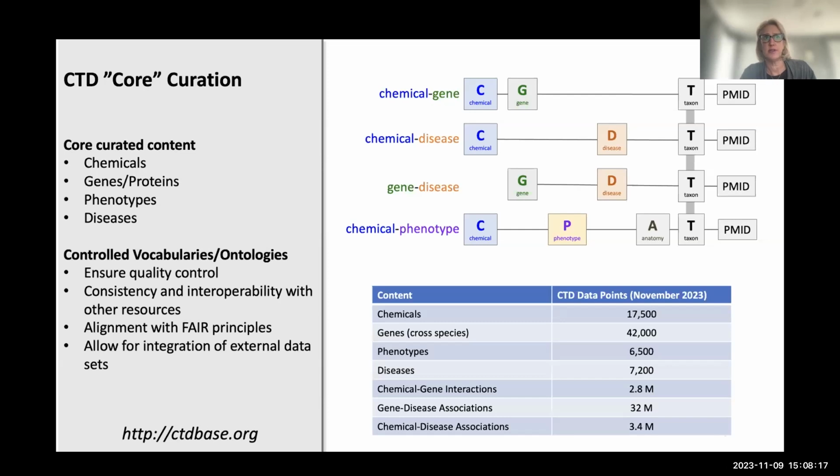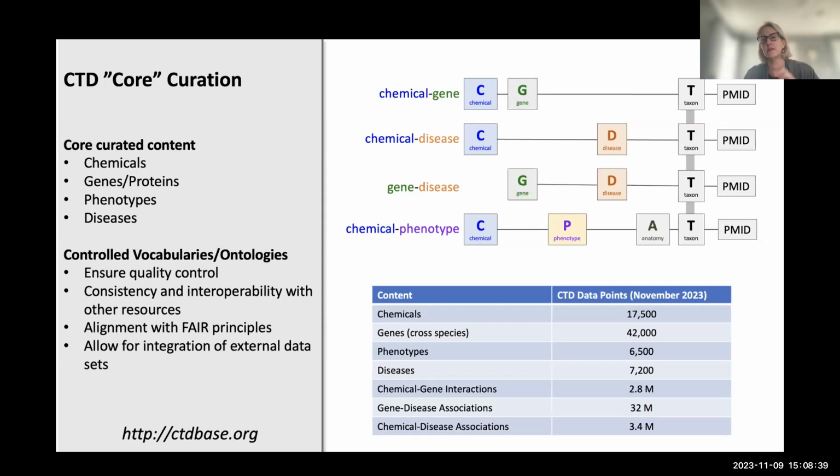So just another high-level view so you can have a sense of what kind of data coverage we have. We have curated content for about 17,000 chemicals, 42,000 genes. That's because these data are captured across many different types of organisms.